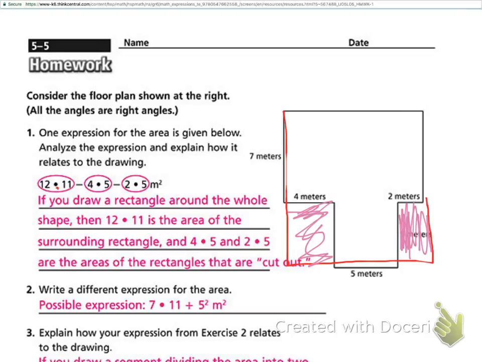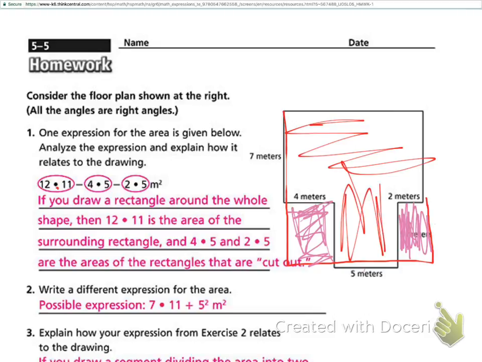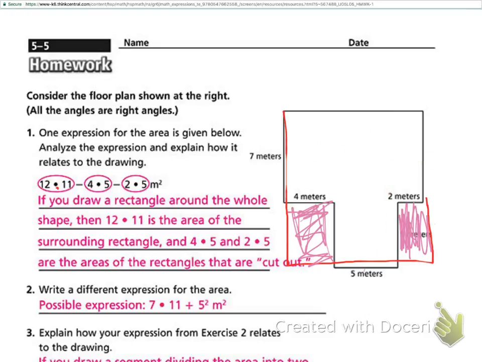So 4 times 5, 5 times 2, and we get rid of these two pieces, thus leaving us with just the area in here, which is what we were looking for. Right?